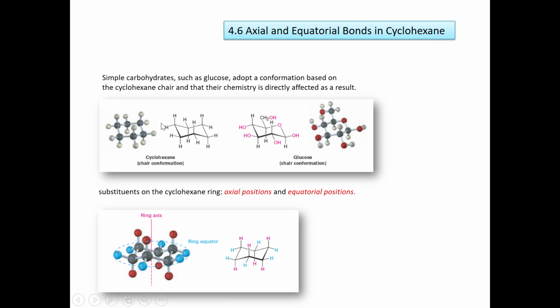If we analyze this chair conformation, what we can see is that we have two different positions. We have the axial positions that are going up and down, symbolized here by the red hydrogens, and we have the equatorial positions symbolized by the blue hydrogens.